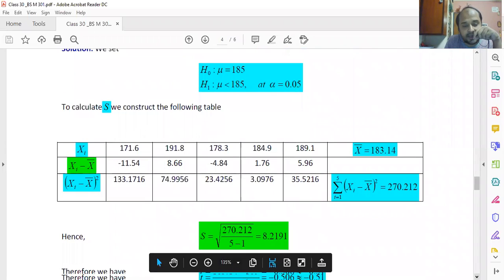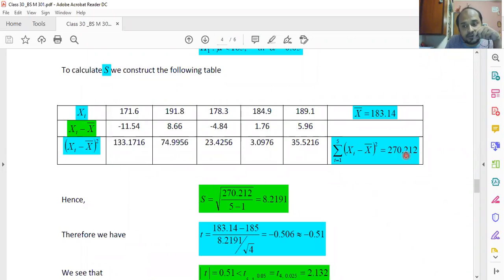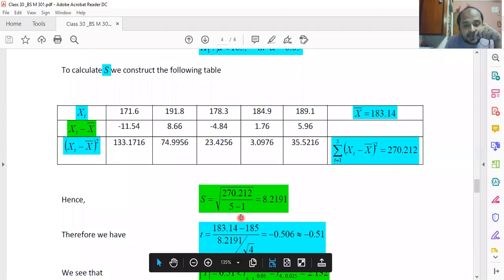And after that, by using the best estimate of the population standard deviation as mentioned above, we calculate S by taking the positive square root of the quantity obtained by dividing this quantity by sample size minus 1, that is 5 minus 1. And this quantity is coming 8.2191.